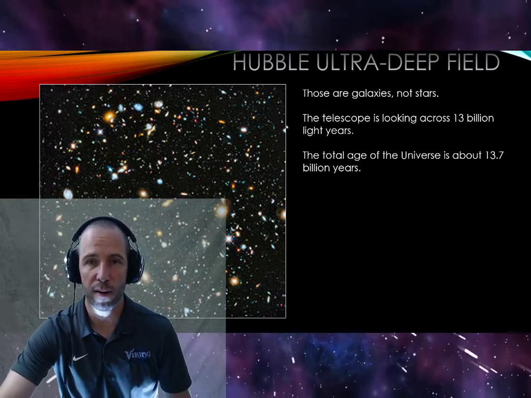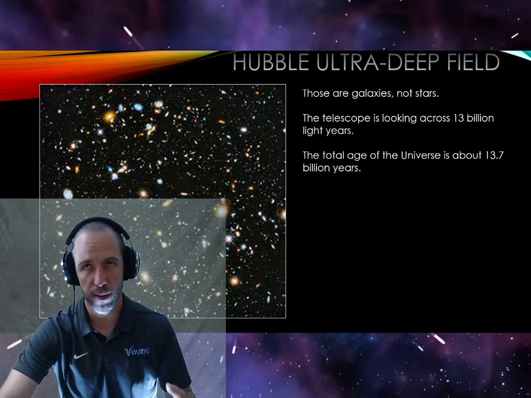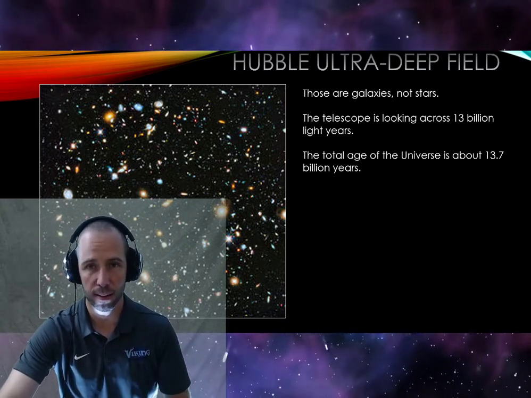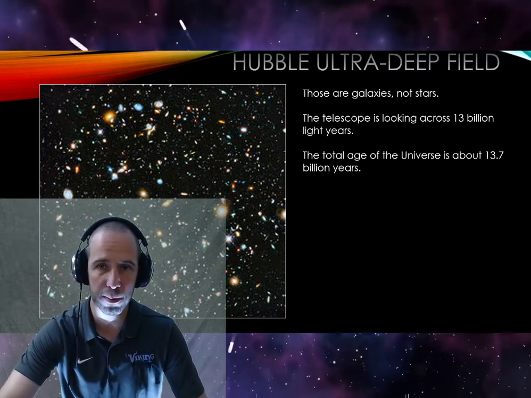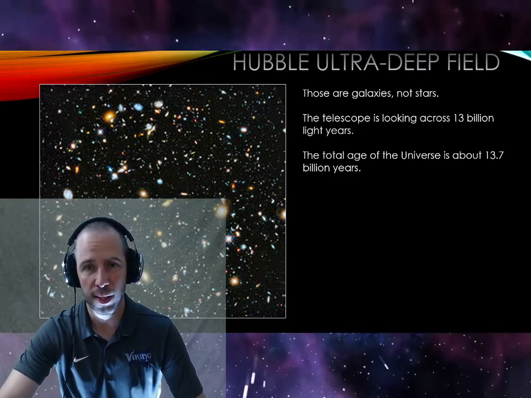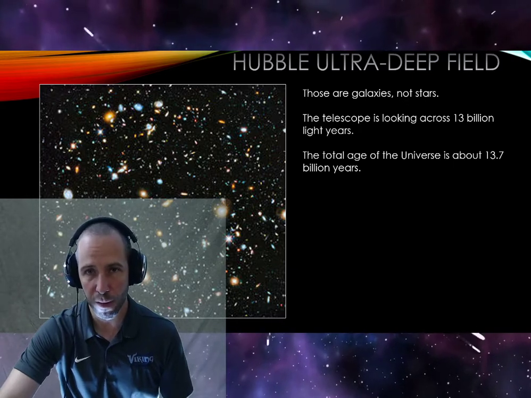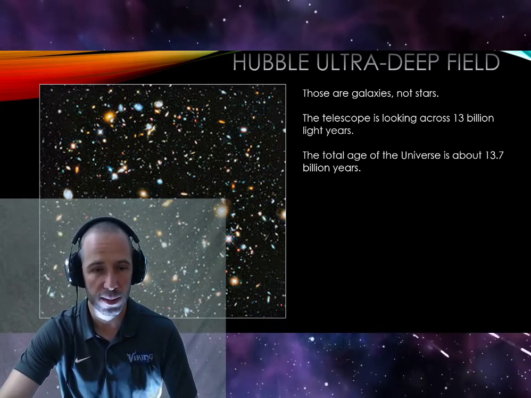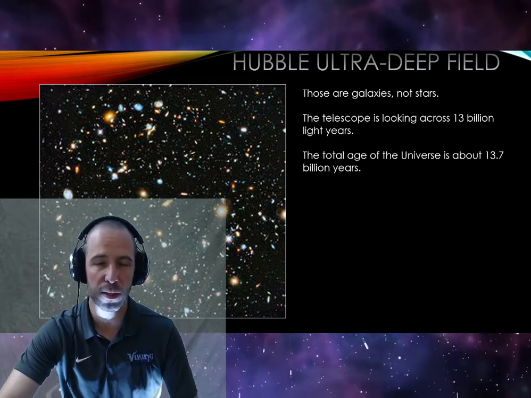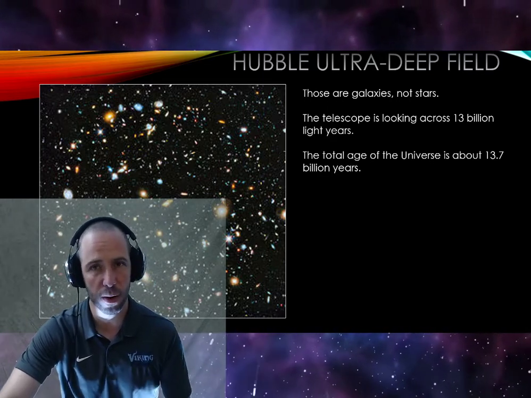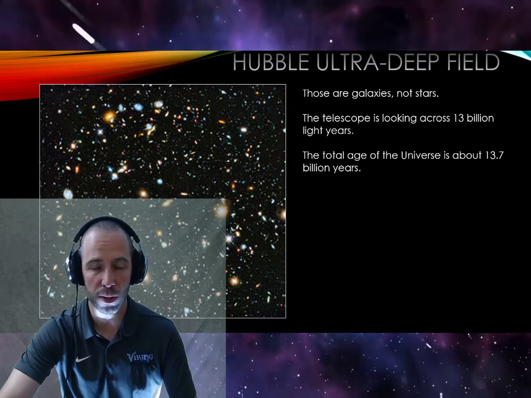This is from roughly 13 billion light years away, which means that the light has been traveling for 13 billion years. So this is an image far, far, far into the past. This is actually from the very early universe, not too long after clumping actually started to get stars going and clump them into small early galaxies.